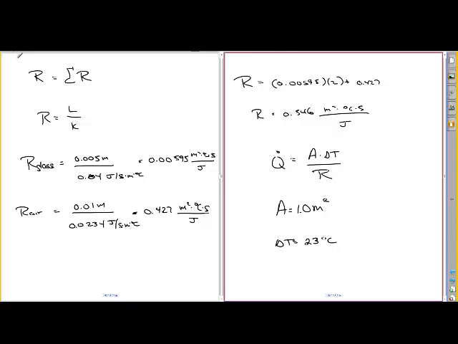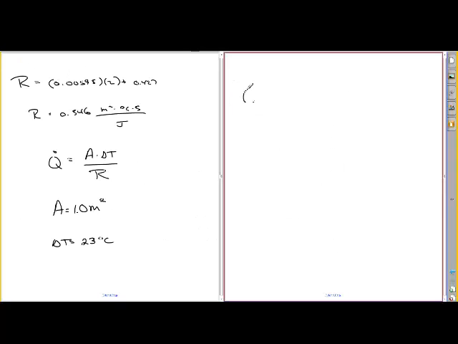So all we have to do now is plug in: the rate of energy transfer is equal to 1 meter squared times delta T, which is 23 degrees C, divided by 0.546 meters squared degree C seconds per joule. You see the meter squareds cancel out, and the joule comes up front, so we get joules per second.